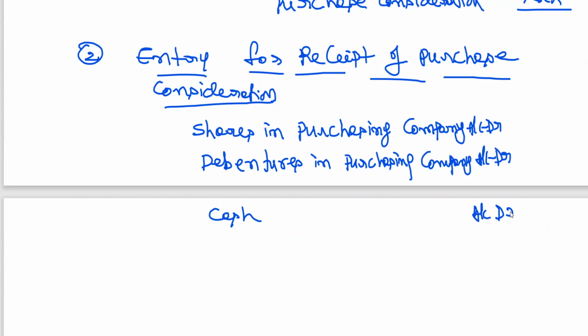What payment they will be paying, and on these debentures, please pay attention. We discuss later on, because when we go for company accounts, in amalgamation of companies you'll be having confusion on this. So this is the point we will be discussing again and again. The receipt of purchase consideration can be debentures, but for calculating purchase consideration, as we'll discuss in amalgamation of companies, debentures will not be taken into consideration.